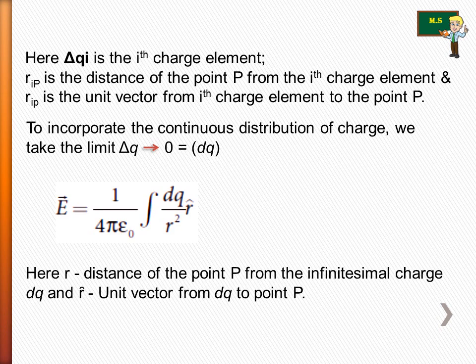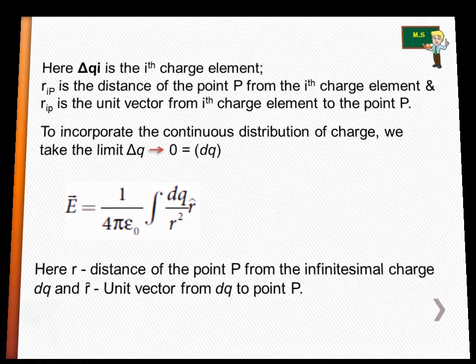Instead of summation we use the integral because we take the limit of the distribution of charges. Here r is the distance of the point P from the infinitesimal charge dq, and r cap is the unit vector from dq to the point.